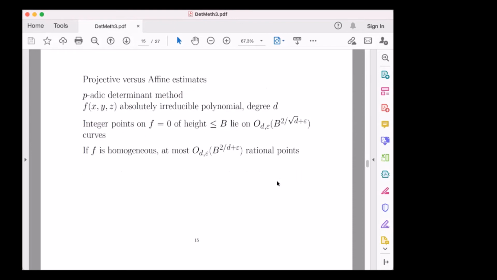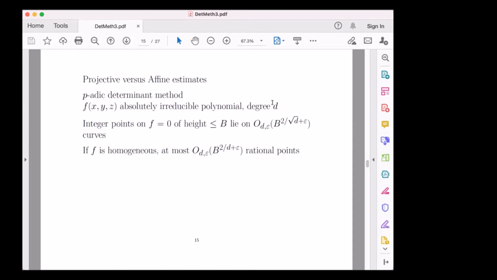Well, let's have a look at the estimates that come from the determinant method and consider the projective versions versus affine ones. So let's think of an absolutely irreducible polynomial in 3 variables, for example, of degree d.